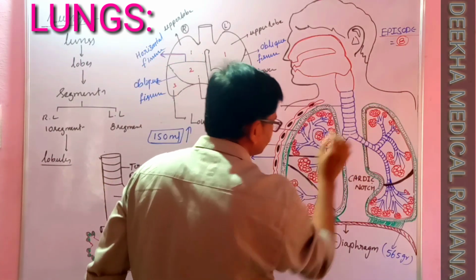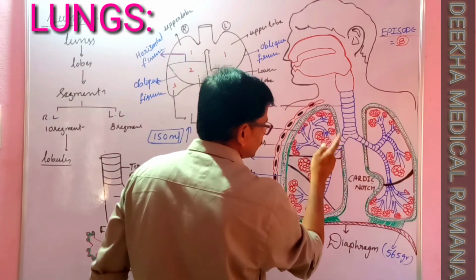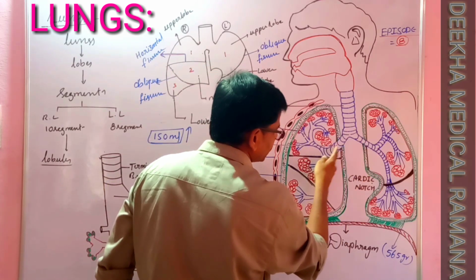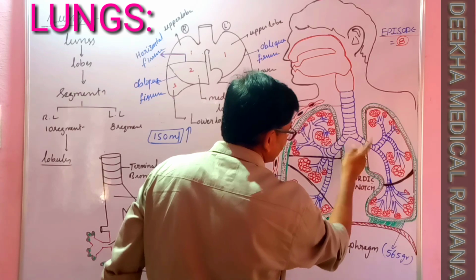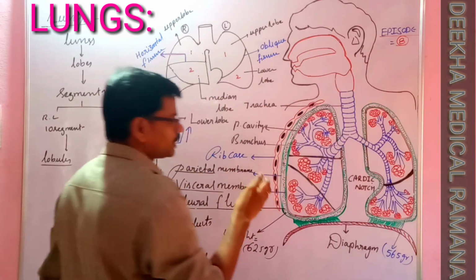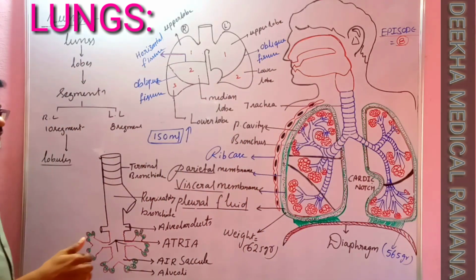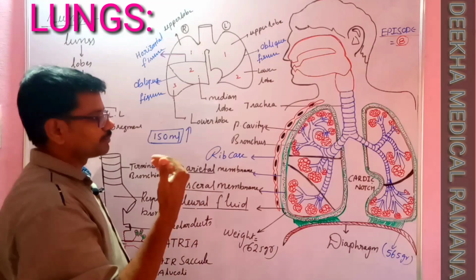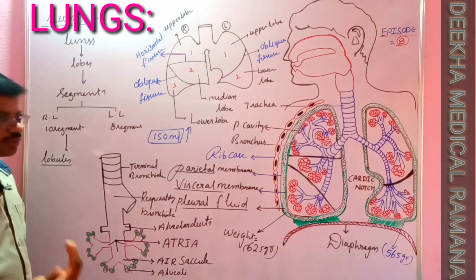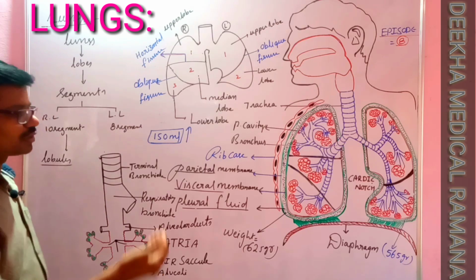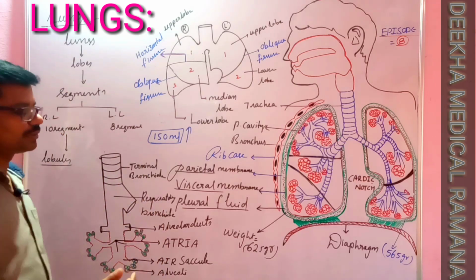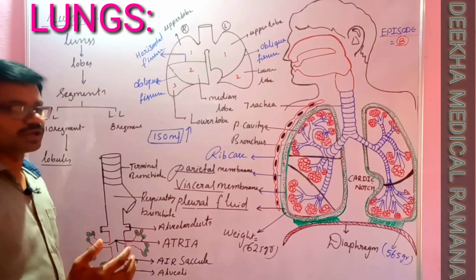The trachea divides into two branches: the right primary bronchus and the left primary bronchus. The primary bronchus forms the secondary bronchus, which forms the tertiary bronchus, which forms the primary bronchioles, then the secondary bronchioles, then the tertiary bronchioles, then the terminal bronchioles.